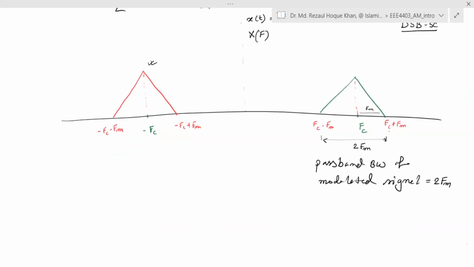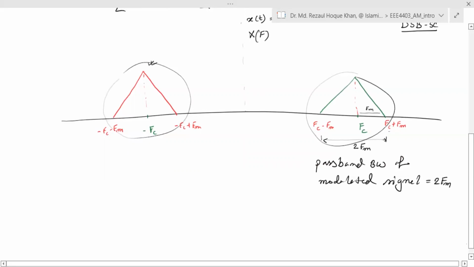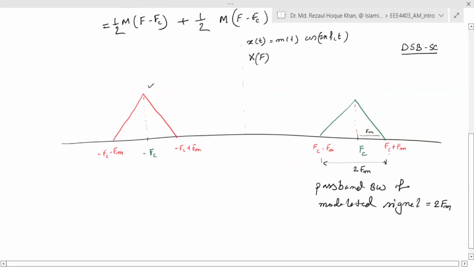This portion is nothing but the image of this portion, because this is the center frequency. This is the negative part of the signal and this is the positive part of the signal. You know it from our previous explanations.